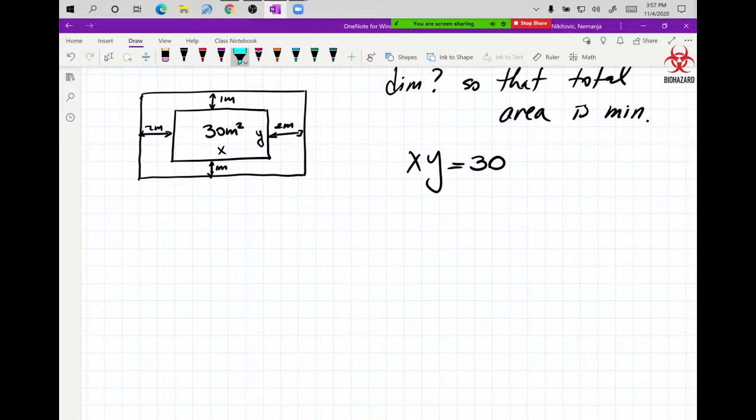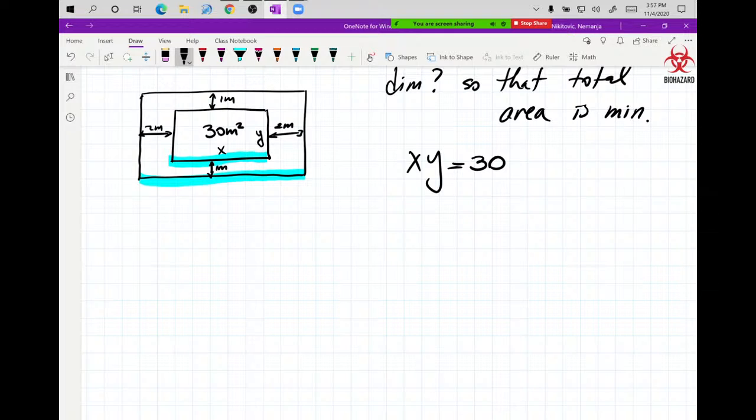Now, if this length here is x, how much is this length all the way on the bottom? Think about the length, right?